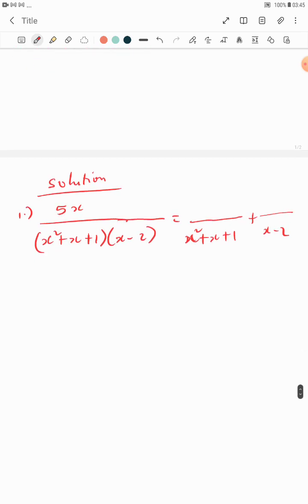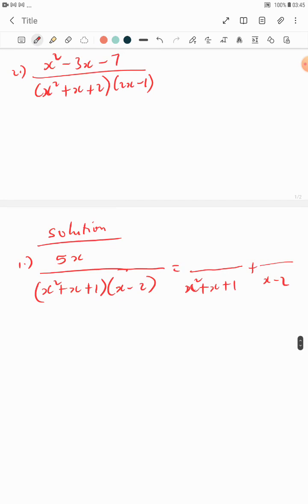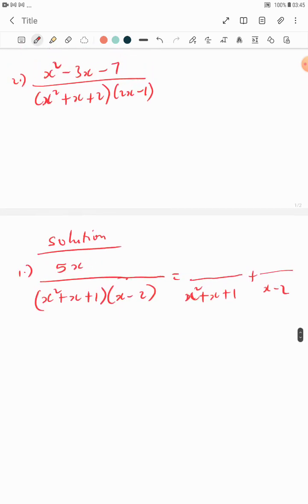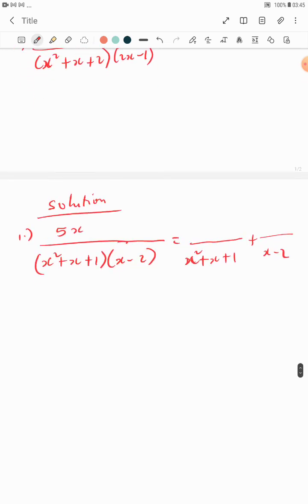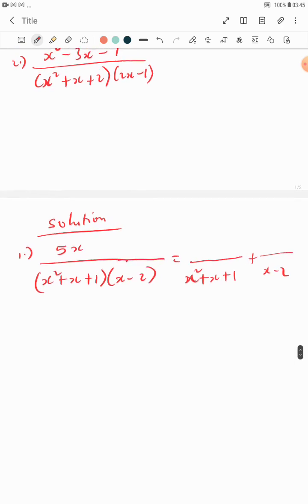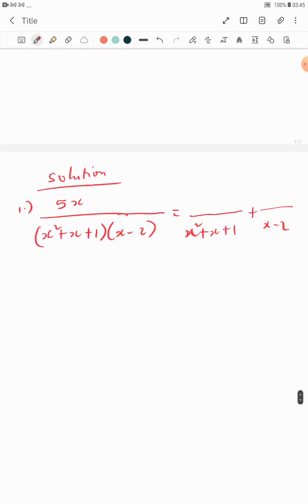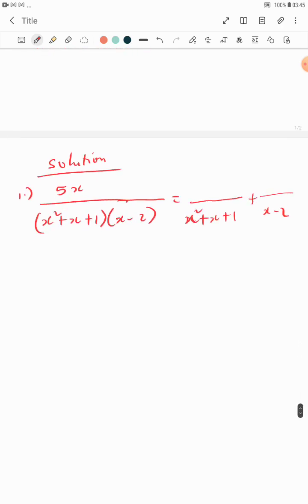Now, recall from the second video that when you have a quadratic denominator, your partial fraction must always be written in the form that the power of the unknown in the numerator must be one less than the power in the denominator. Now, this is what I mean.